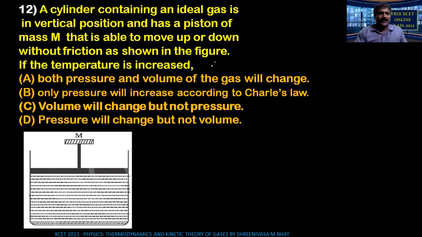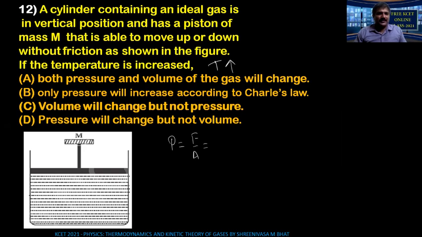So here temperature is increased in this situation. By the increase in temperature, what happens? Here there is a mass m. Who is exerting pressure on the gas? That is the weight of the object placed. So pressure exerted on the gas equals force by area.